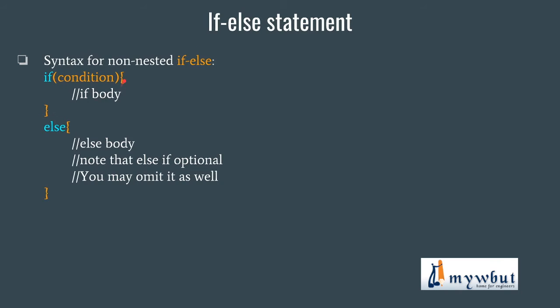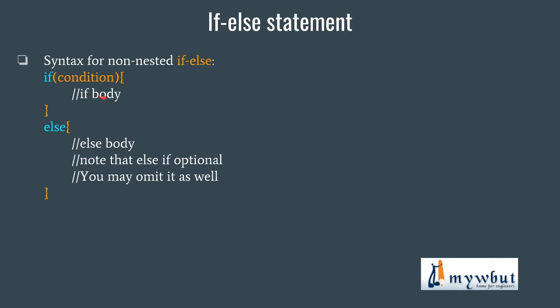We open these braces in order to signify a new block. Just in case you have only one line inside the if body, you can always omit these braces. But we use them to clearly distinguish between various blocks. It is always a good practice to use braces, so that's why we will use them over here.